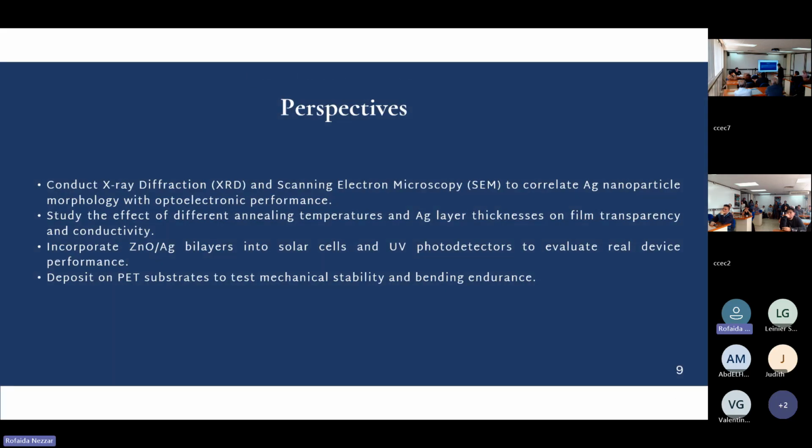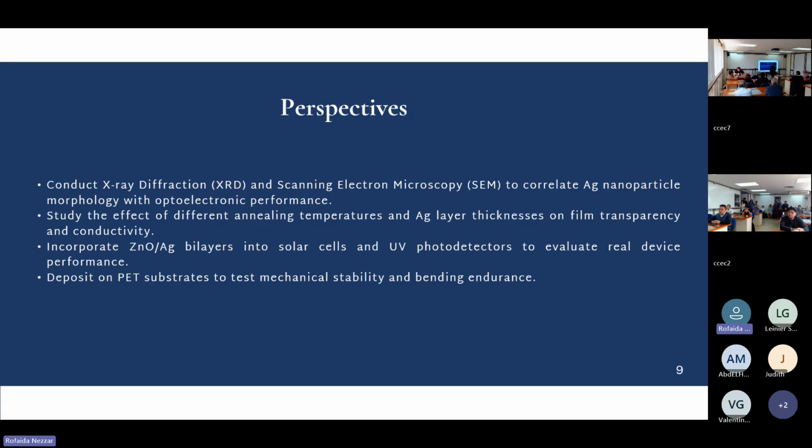For future work, we do plan to expand this research into several directions. For instance, we'll include X-ray diffraction and scanning electron microscopy to provide an in-depth analysis of the relationship of nanoparticle morphology and film performance. We will also explore different annealing temperatures and even possibly silver layer thicknesses to fine-tune the transparency and conductivity as well.